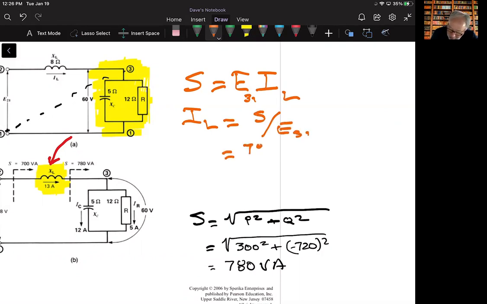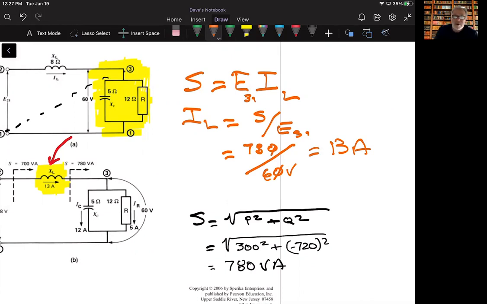I know 780 is the apparent power. And I know the voltage that's associated with that already is 60 volts. So if I do this division across here, I will get 13 amps for I sub L. So here I have very simply determined the current through that inductor, and I didn't do any complex circuit analysis.